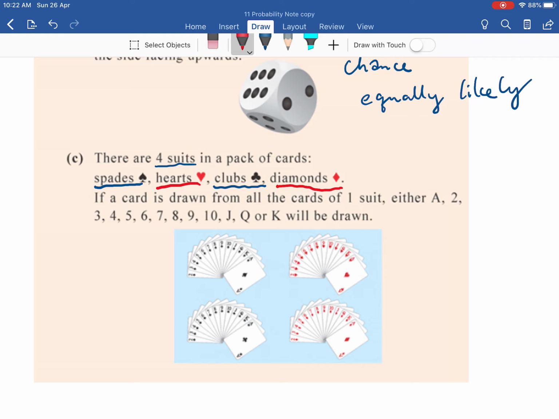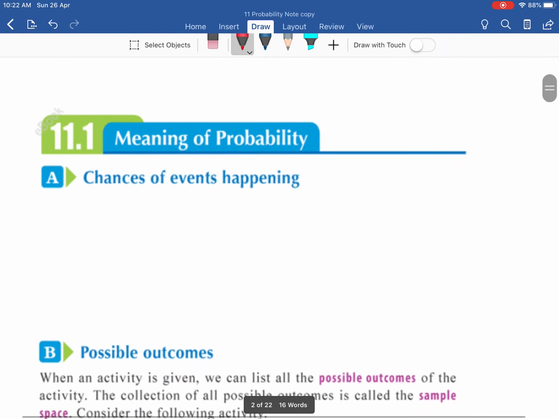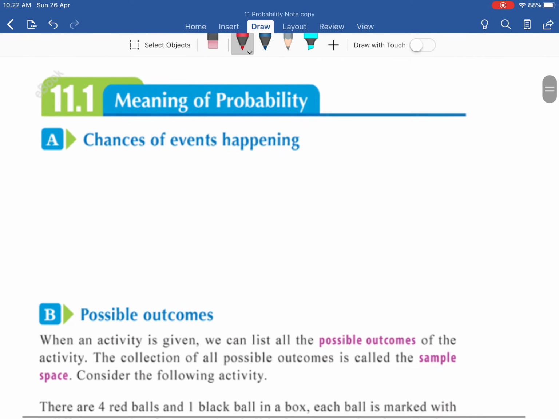A is 1, then 2, 3, 4, 5, 6, 7, 8, 9, and 10, Jack, Queen, and King.